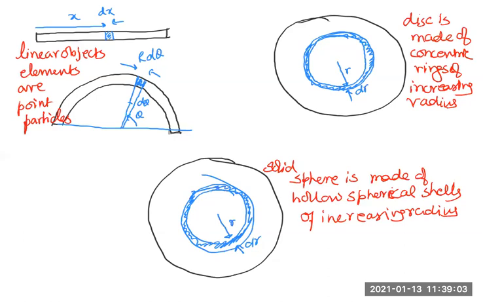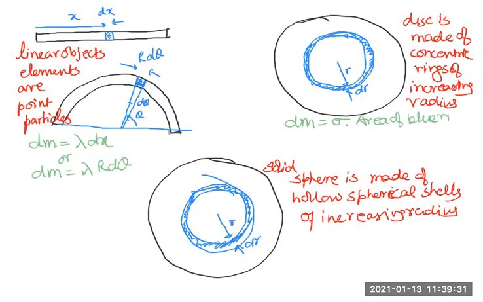Here we use dm is equal to lambda dx, or dm is equal to lambda r d theta. Here dm is equal to sigma into the area of the blue ring. Can you tell me the area of the blue ring?